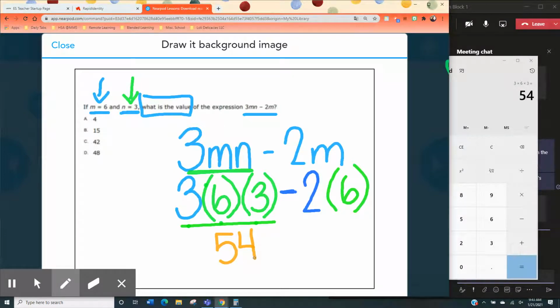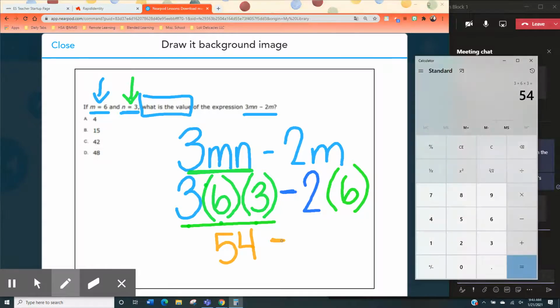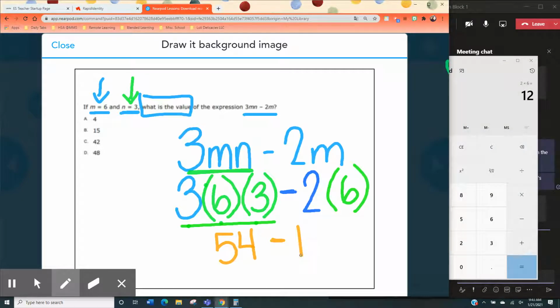I'm going to bring down that subtraction, and do the same thing with 2 times 6, which equals 12.